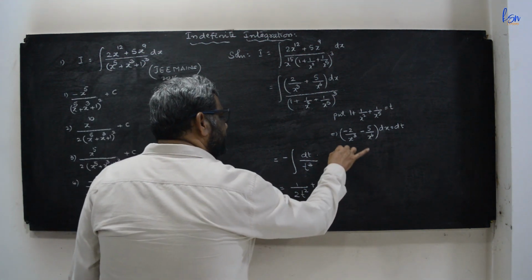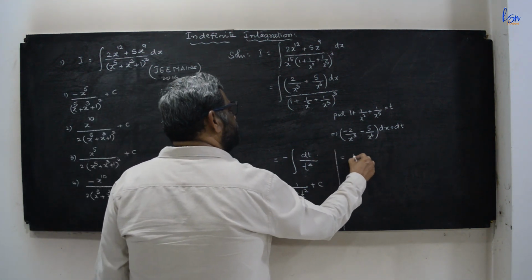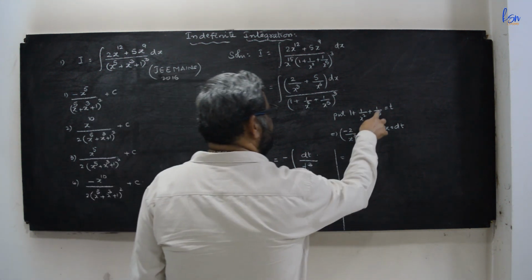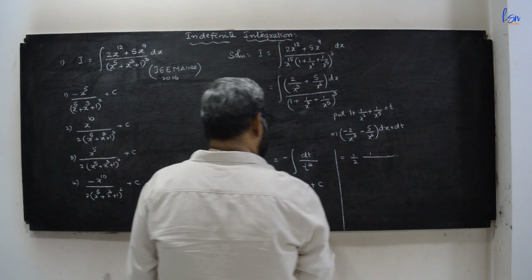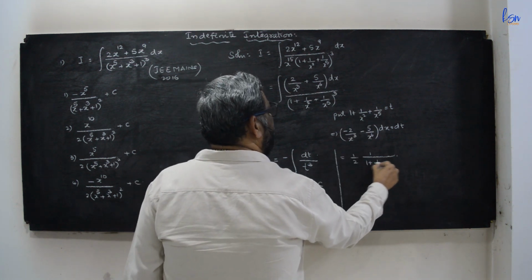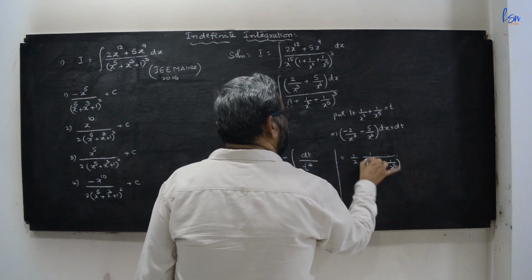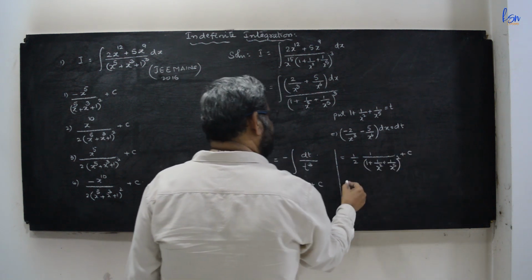This is equal to 1/2 into 1/t^2, which is 1 over (1 + 1/x^2 + 1/x^5) whole square, plus c. Let us simplify.